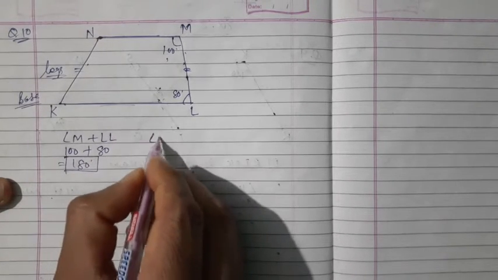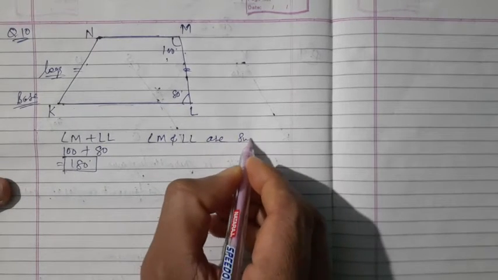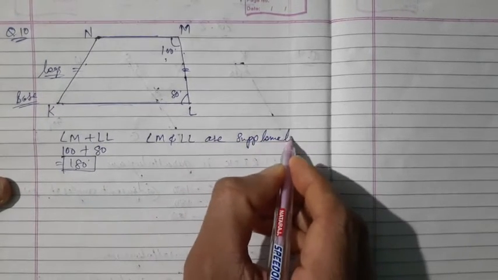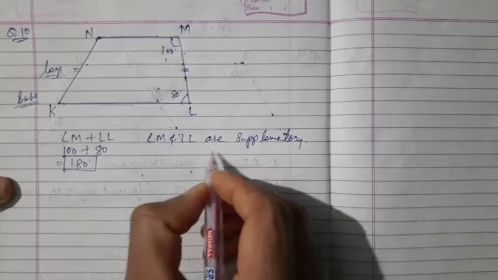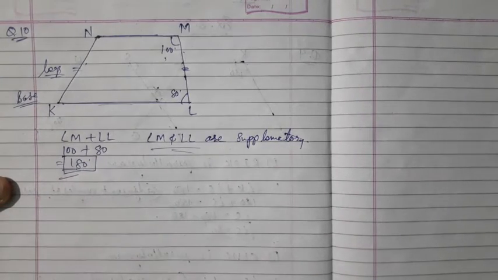So angle M and angle L are supplementary, meaning the total of those two equals 180.